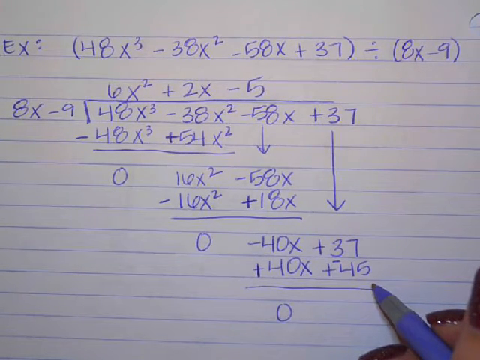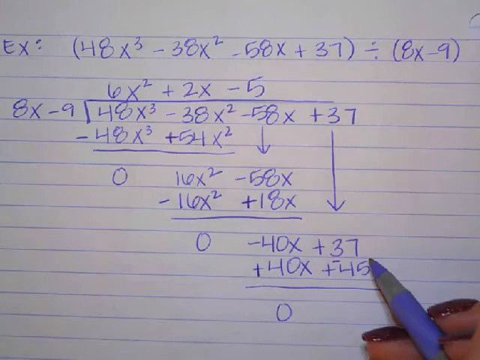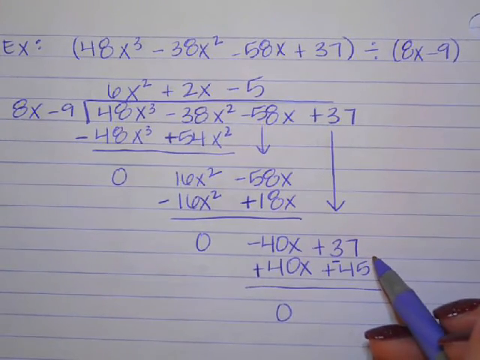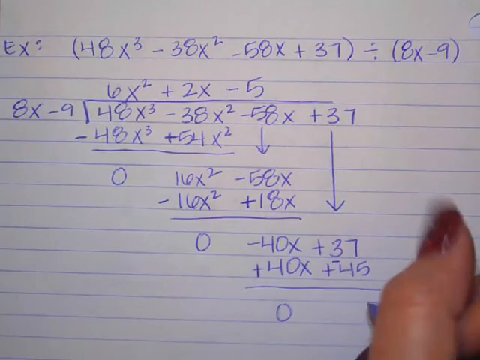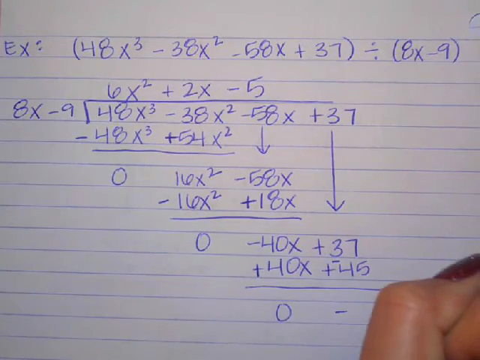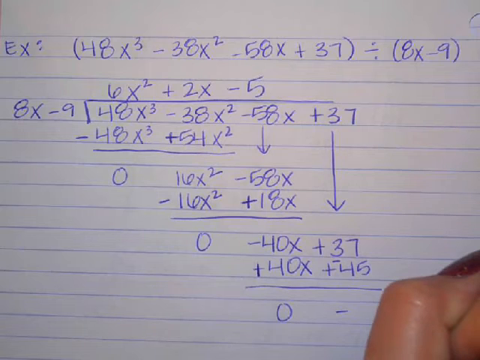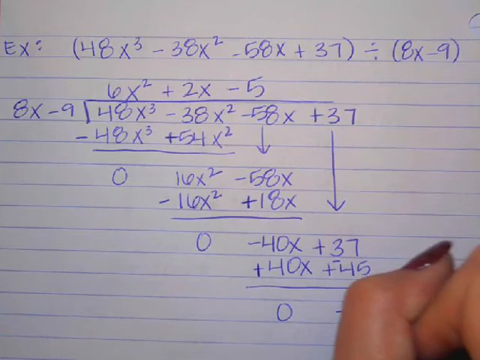Okay, negative 45 plus 30 is negative 15. Negative 15, it was positive, but we changed the sign. And then negative 15 plus 7 is negative 8. Oh my gosh.